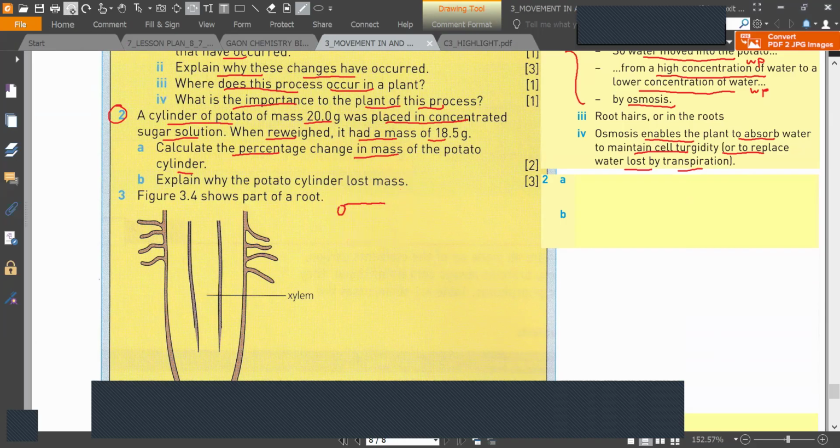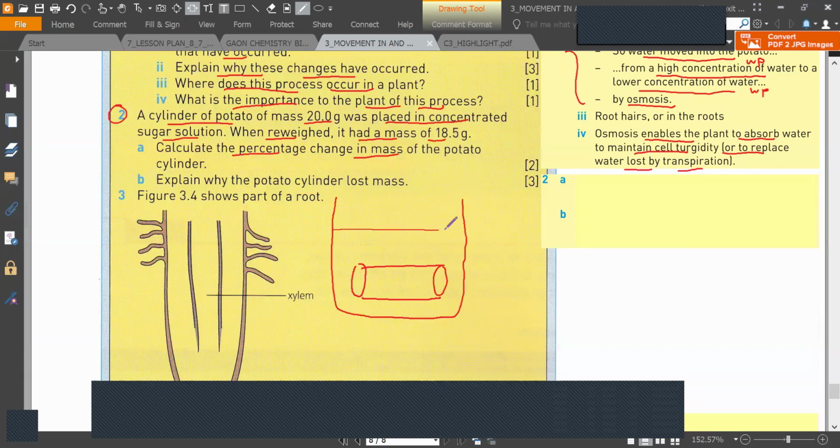Let me just make it bigger. So this is a potato cylinder, and we put it in a concentrated sugar solution. Let's say this is 20% sugar, so this will be 80% water, for example.